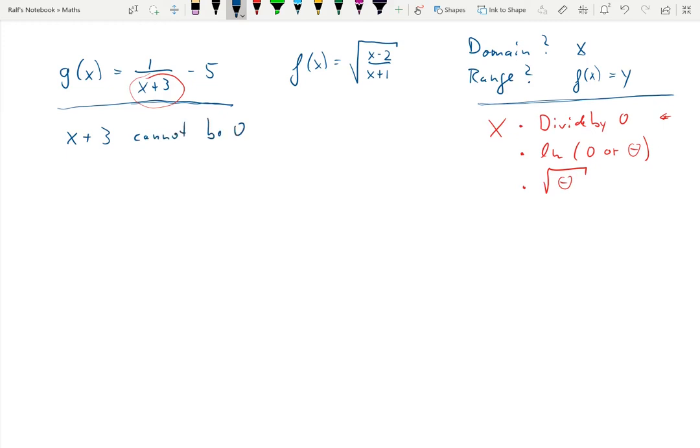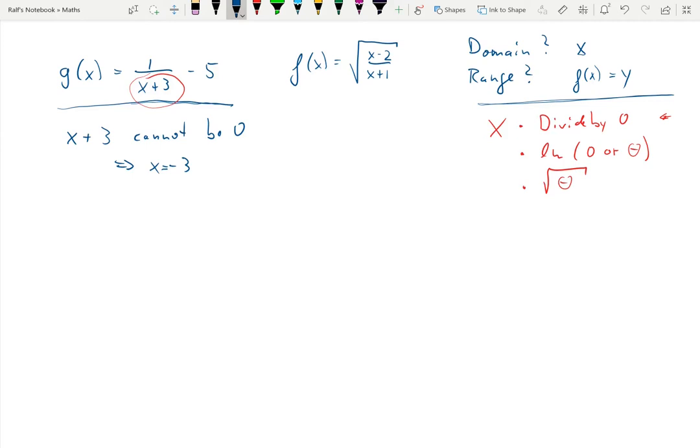So for what value would it be 0? Well, if x is negative 3, then x plus 3 would be 0. So x equals negative 3 cannot be part of the domain.